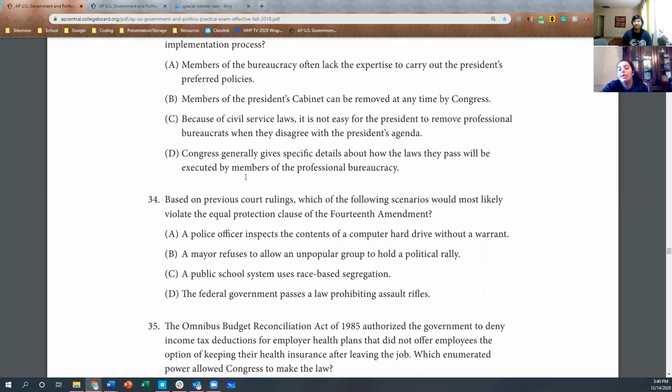Civil service laws restrict the president from firing someone just because they disagree with them. There has to be a valid justification for it. So who determines what's a valid justification? If someone needs to determine that, it would be the court.